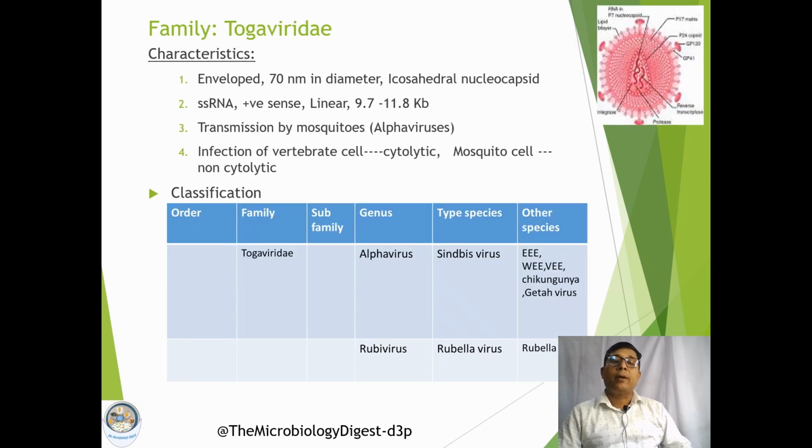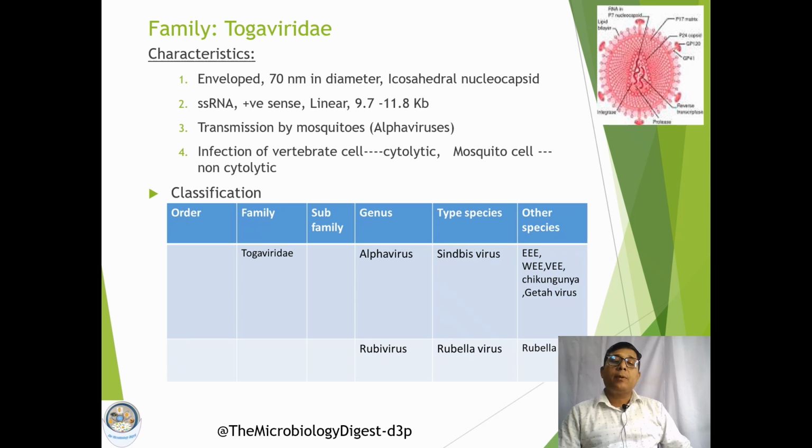Next family is Togaviridae, with an enveloped icosahedral nucleocapsid and a single-stranded RNA genome, which is positive sense, and the viruses are transmitted by mosquitoes. Infection of the vertebrate cell is cytolytic, but in the mosquito cell it is non-cytolytic. 2 cycles are there: one is the vertebrate cycle, another is the arthropod or mosquito cycle.